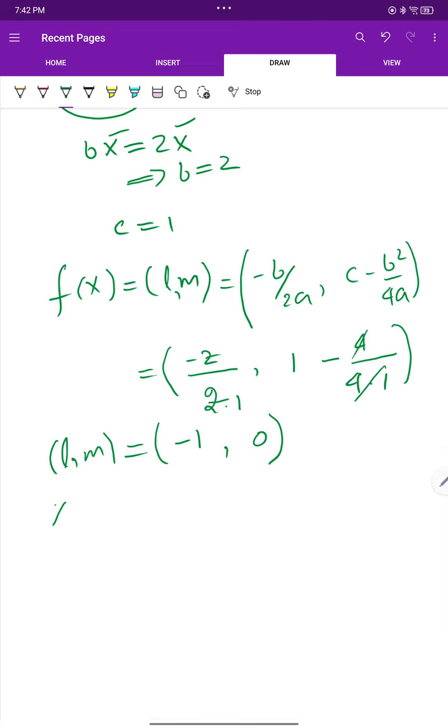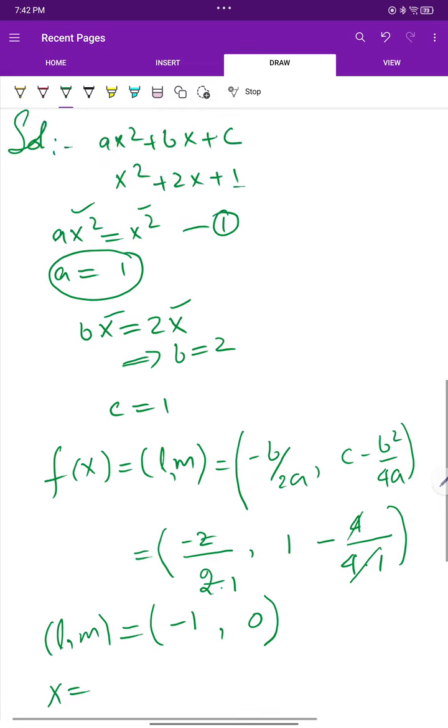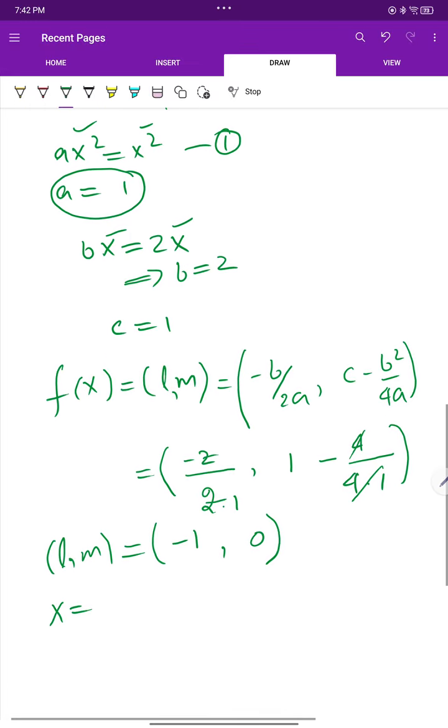We also know that the line of symmetry x is equal to L or H. If you separately find the value of L, −b/2a, we did it here, it's −1.